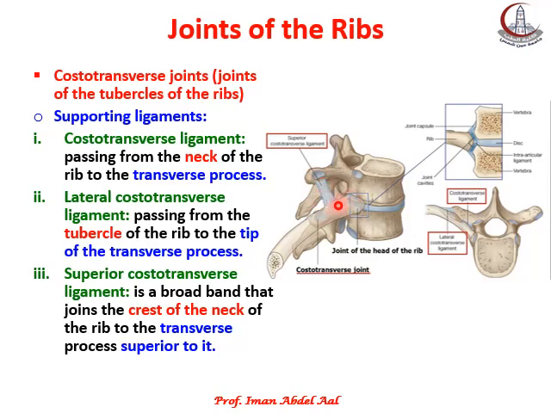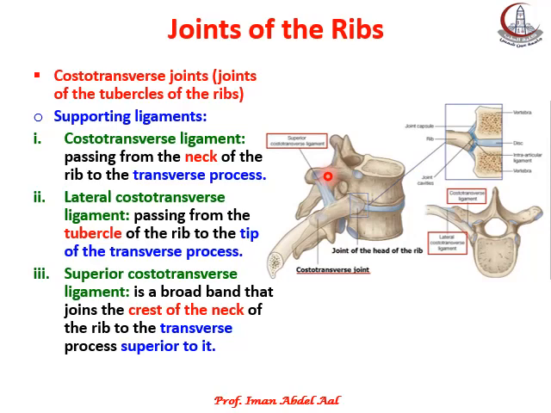It connects the crest of the neck with the transverse process of the vertebra above. So this is the rib. The ligament arises from the crest of the neck of the rib till the transverse process superior to it.